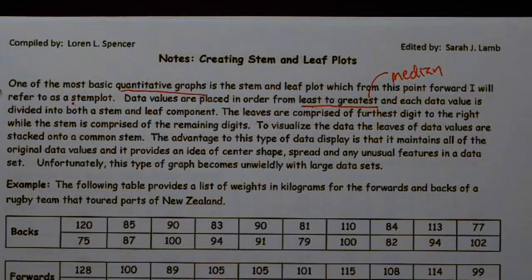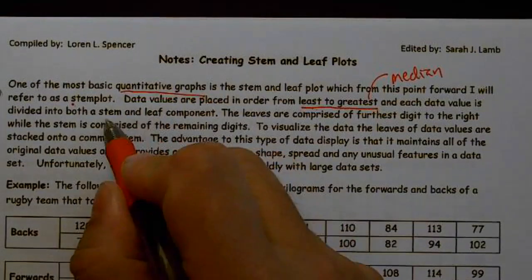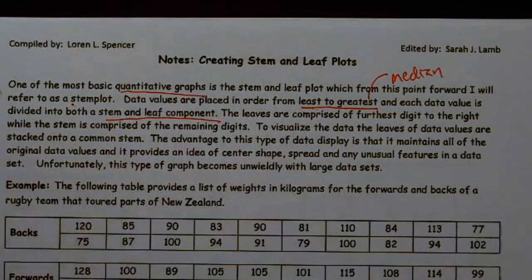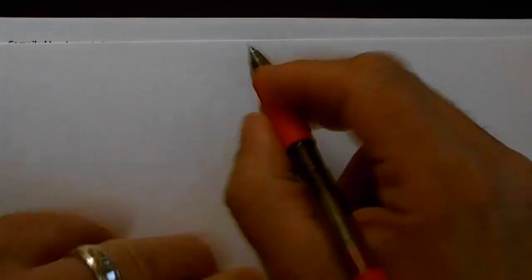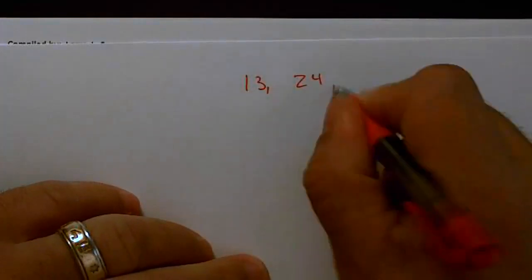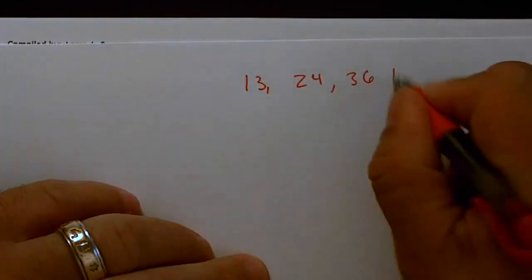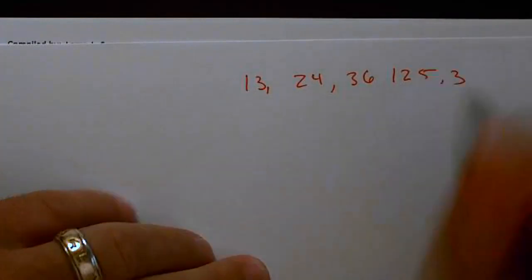Each value of a stem and leaf plot is broken into a stem and leaf component. Now you can do several different types of stem plots, and we're going to specifically look at a back-to-back here in just a moment. Let's just say I had the values 13, 24, 36, 125, and the number 3.